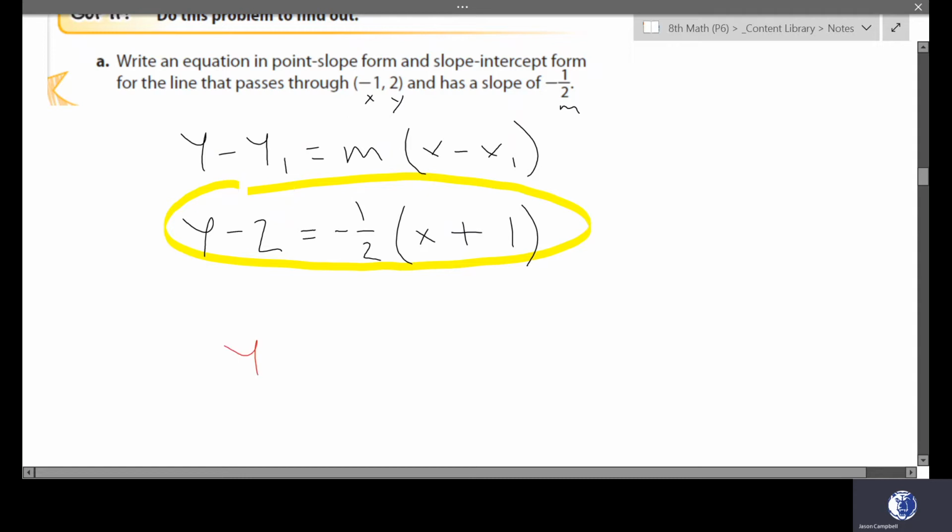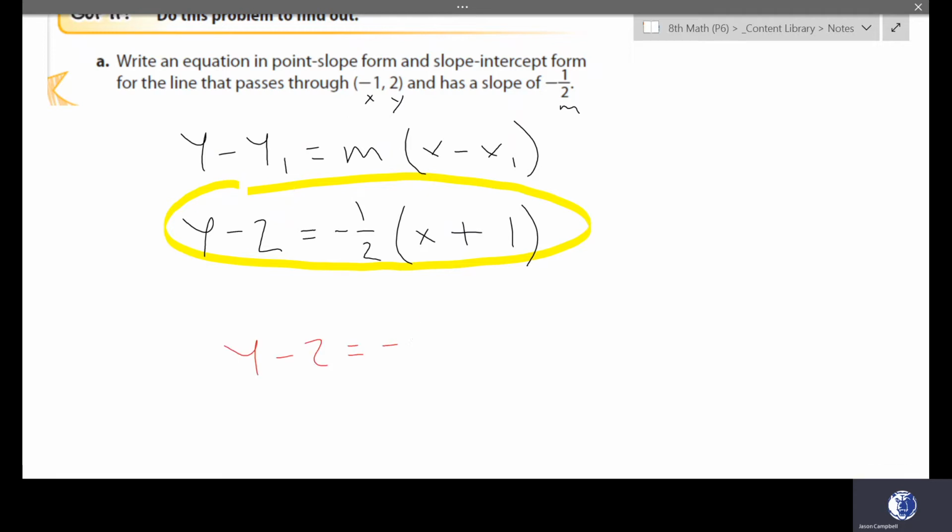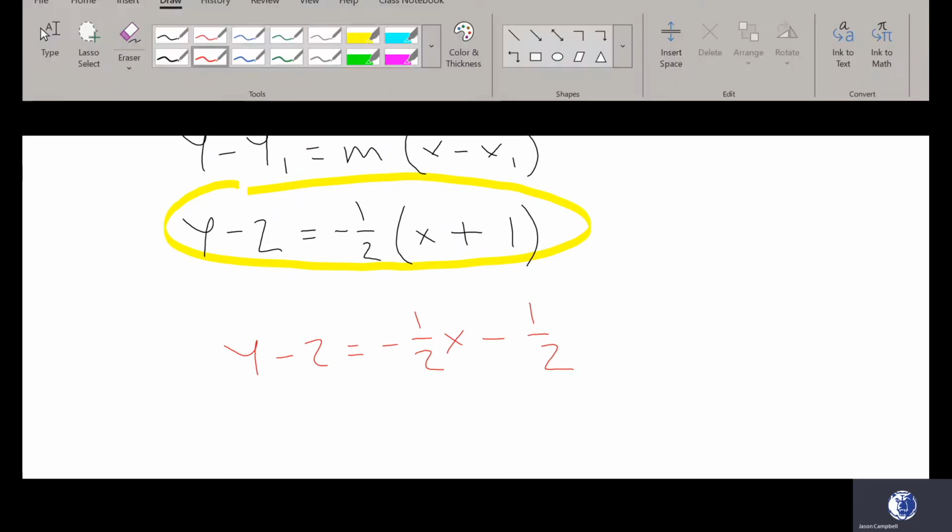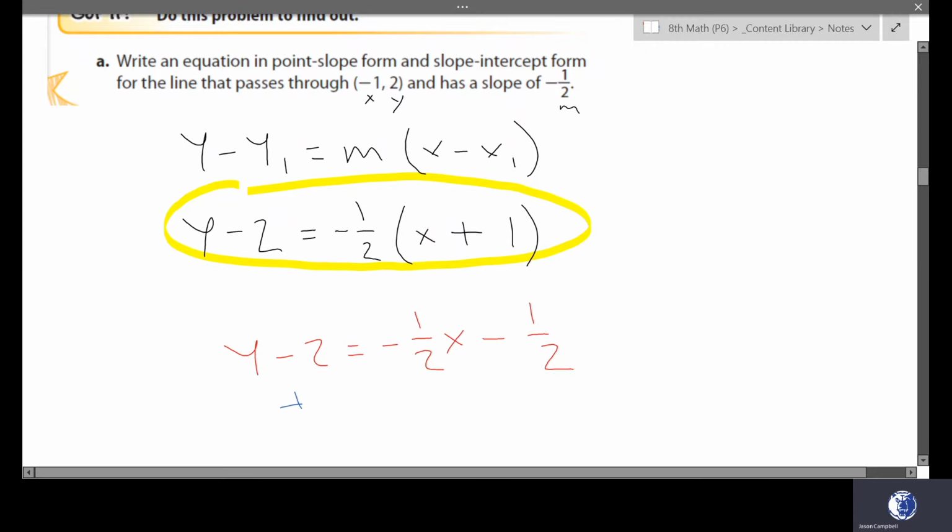So I'm going to rewrite y subtract 2 is equal to -1/2 x, and -1/2 of 1 is -1/2. So y subtract 2 is -1/2 x subtract 1/2. Next, I'm going to add 2 to both sides.